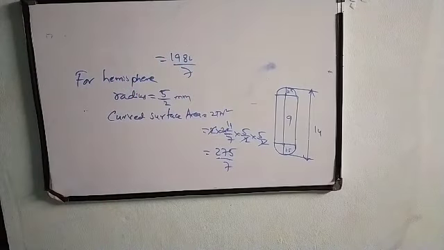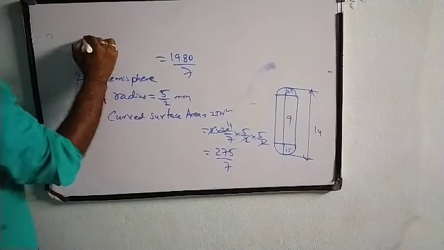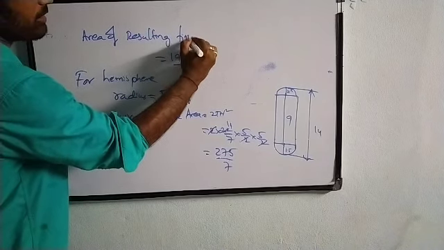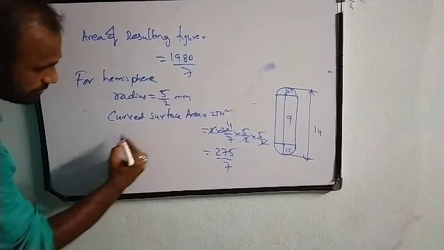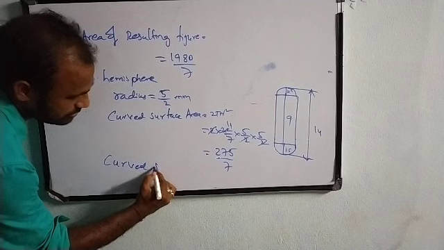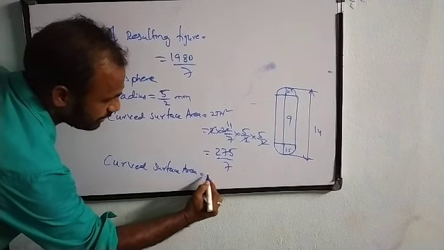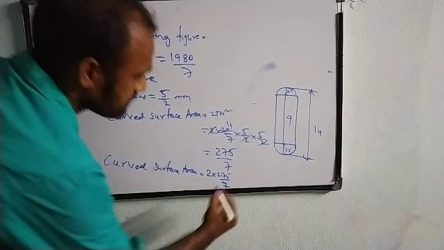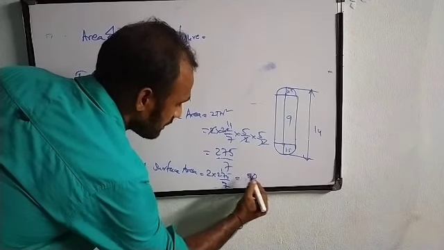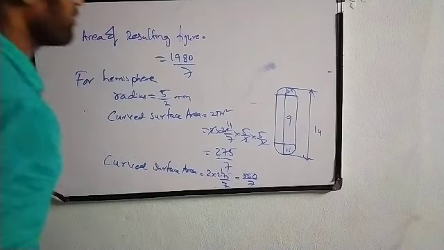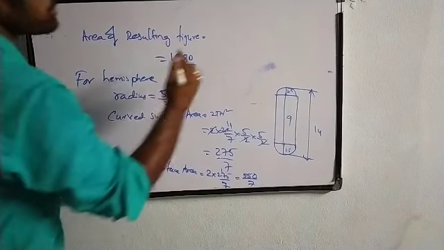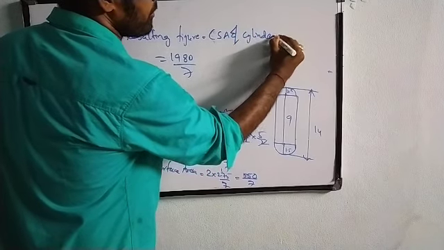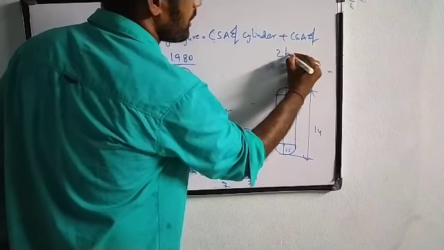Now the area of the resulting figure. Curved surface area of two hemispheres is 2 into 275/7, because we are multiplying with 2 since we have two hemispheres, so it will be 550/7. The area of the resulting figure is equal to curved surface area of cylinder plus curved surface area of two hemispheres.